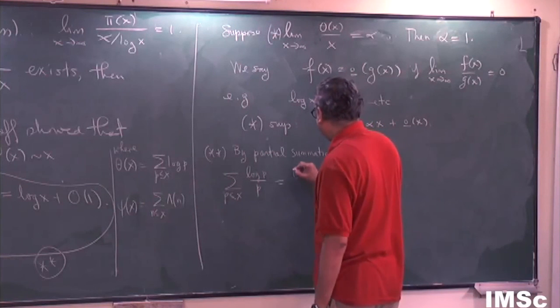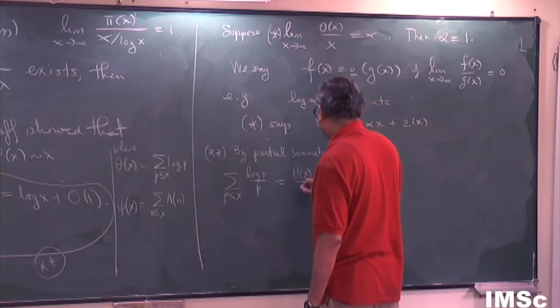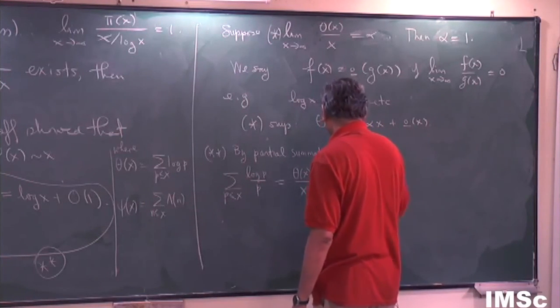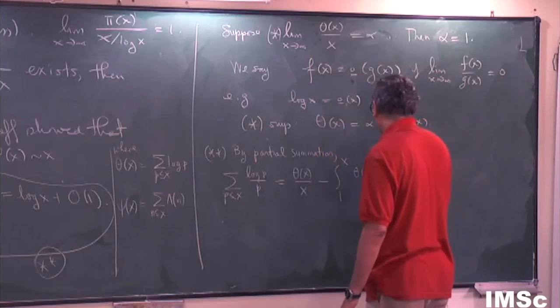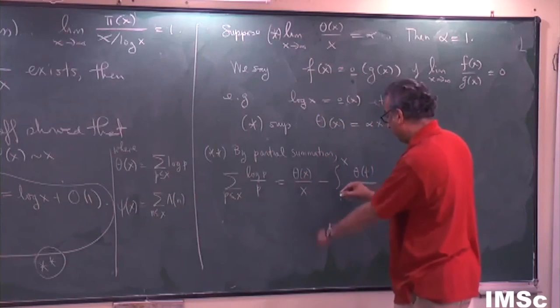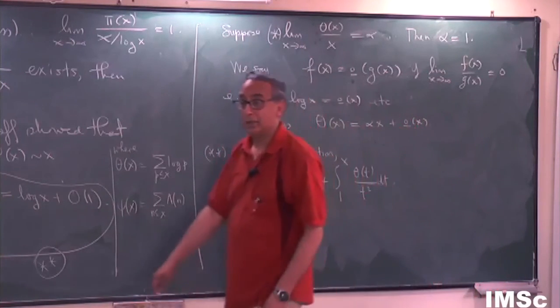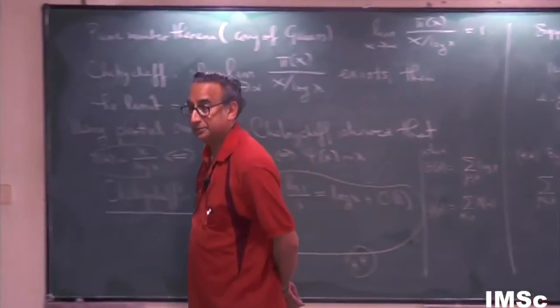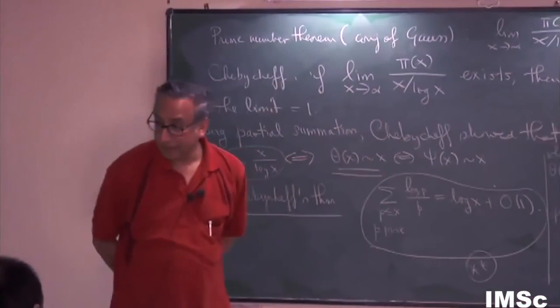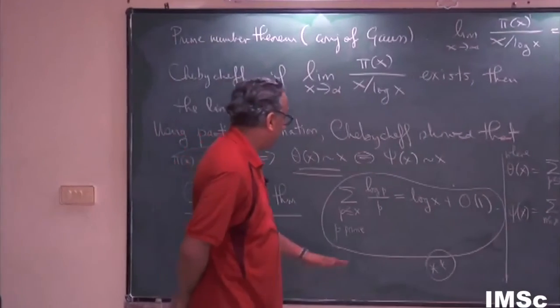That would be theta of x divided by x minus the integral from 1 to x of theta of t times the derivative of 1 over t, that's plus t squared, dt. So I rewrite it using the partial summation technique. That gives me one more relation.